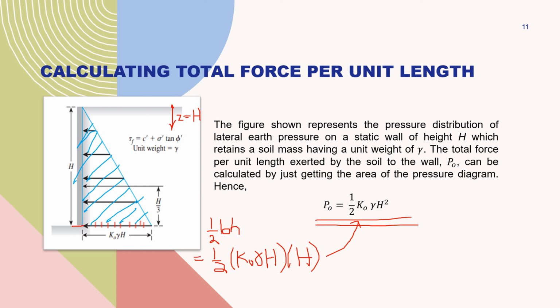The gamma here is the unit weight of the dry soil, since this calculation of total force per unit length is for dry soils only. So we have established the total force per unit length. Let us continue to the next discussion.